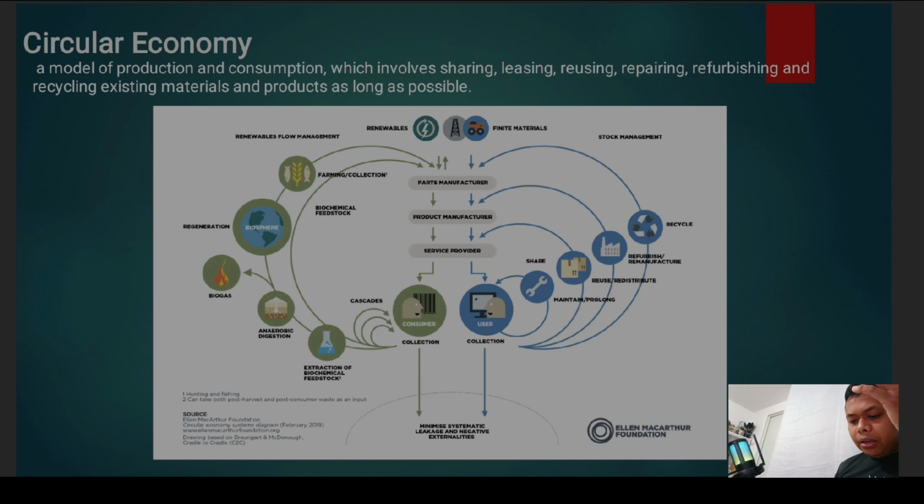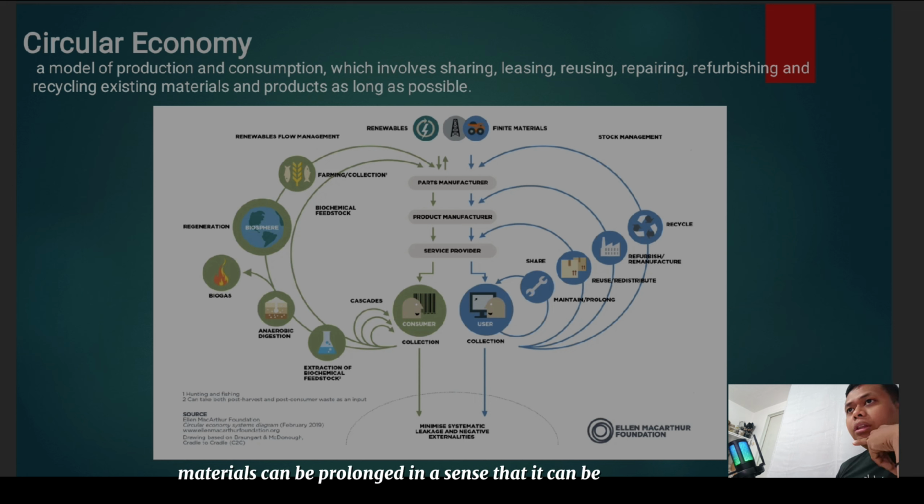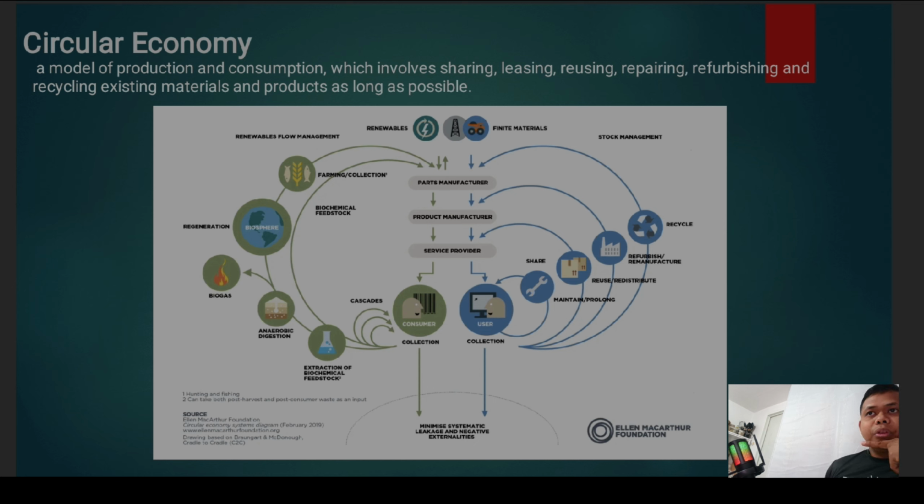Mainly it benefits the conservation of materials and also the innovation of quality products. It also reduces carbon footprint. On the side of manufacturing, we can see that materials can be prolonged, in the sense that they can be reused, redistributed, refurbished or repurposed.